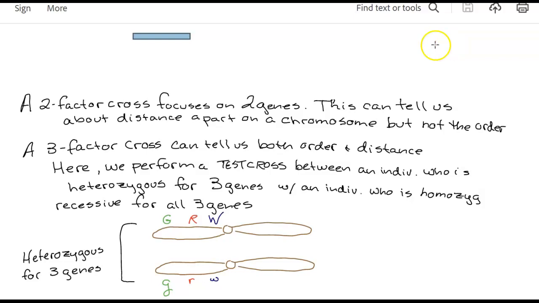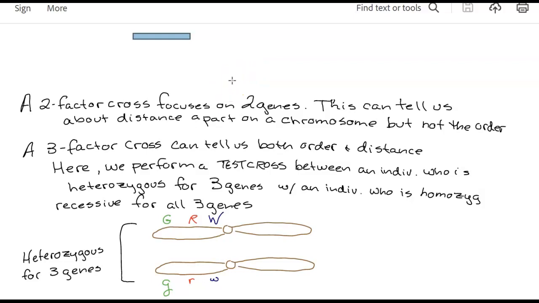So if we have a two-factor cross, meaning that we have basically two genes that we're looking at, and when we cross them, the results of the test cross with the F1 will allow us to get an idea, depending on how many recombinants we find, as to whether or not these particular genes are far apart on a chromosome.